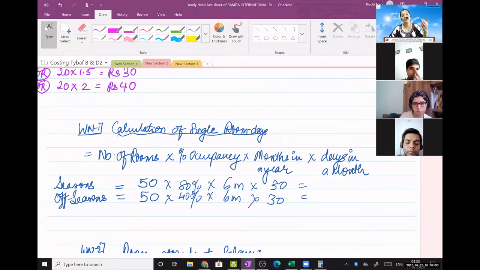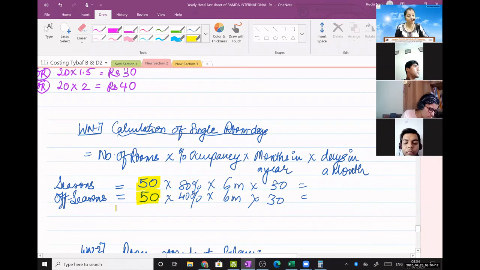So divide it as seasons and off seasons. Number of rooms in the hotel during seasons and off seasons is 50. Occupancy is given. During seasons it is 80%. Off season it is 40%.